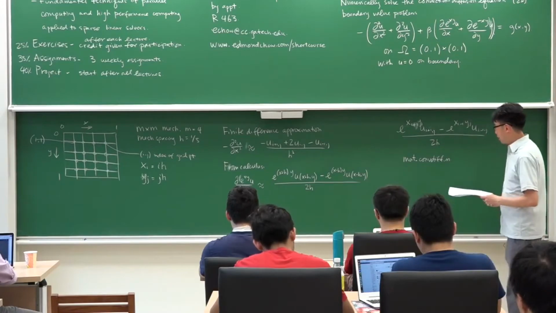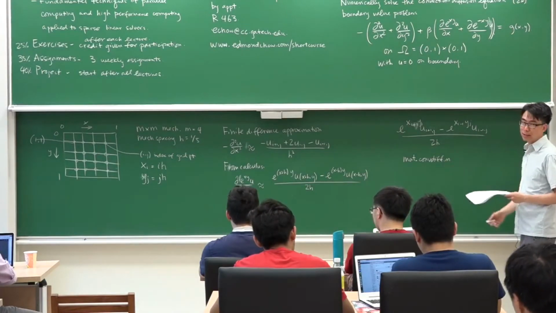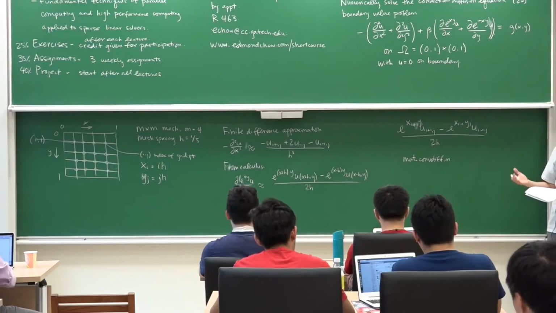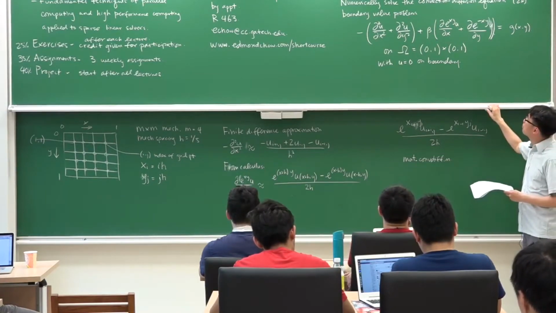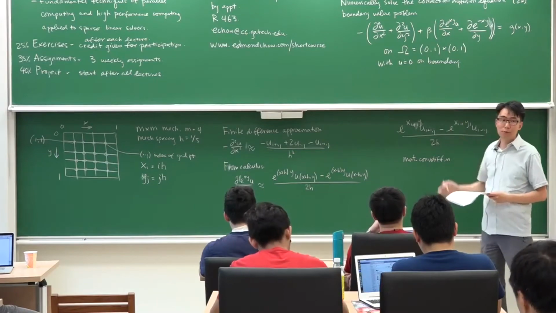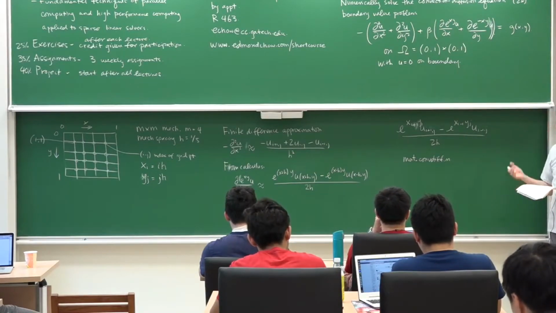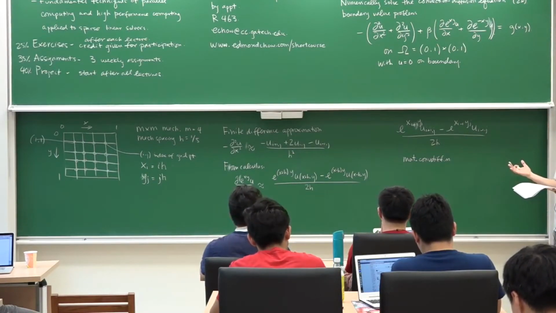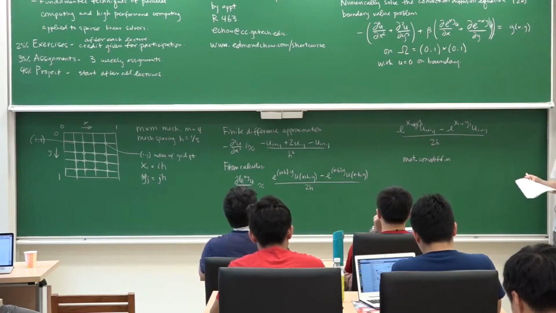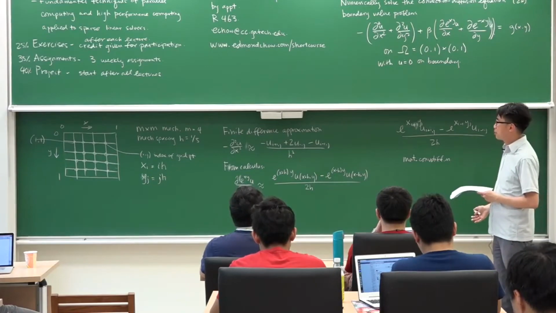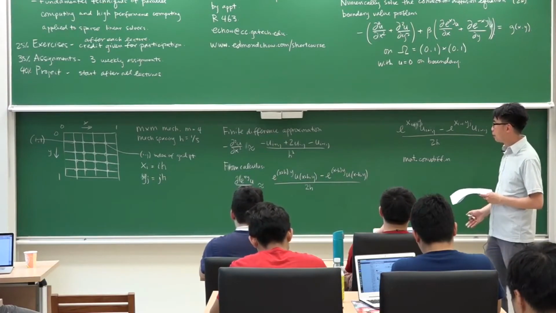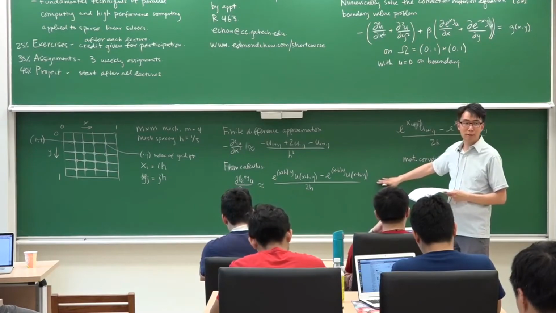This function takes two parameters: m, the mesh dimension, and beta. If beta equals 0, then we have a pure diffusion problem. With beta larger, we can have some kind of convection approximated. You'll notice that I've only used central differences for the convection term.